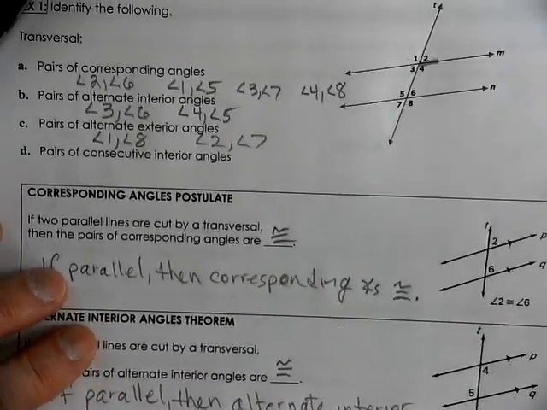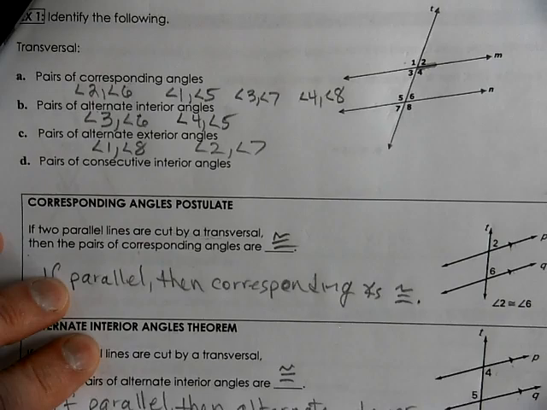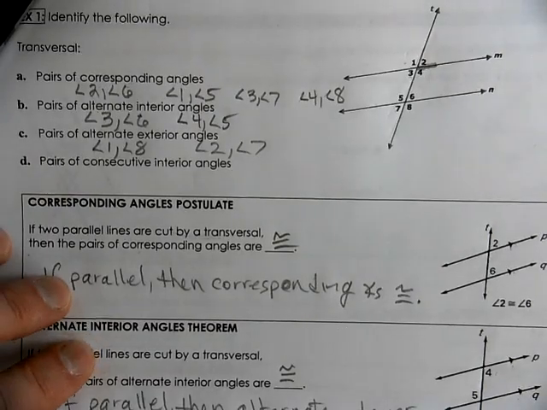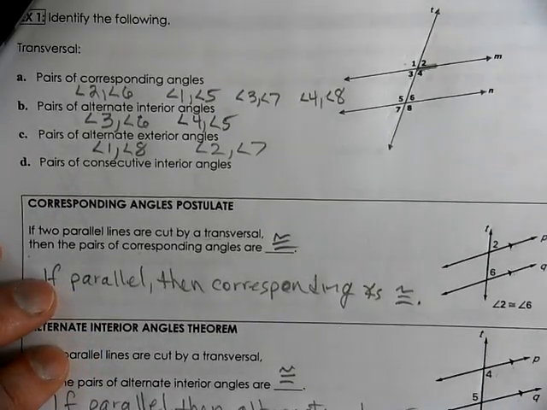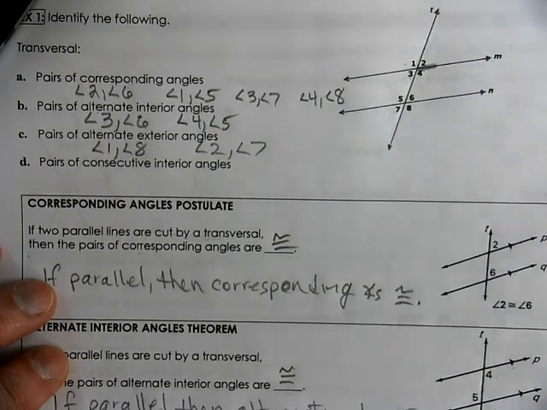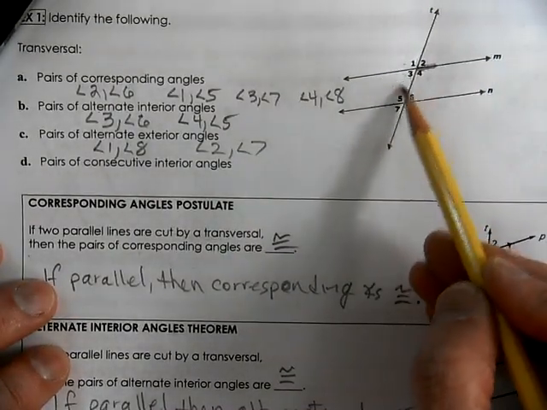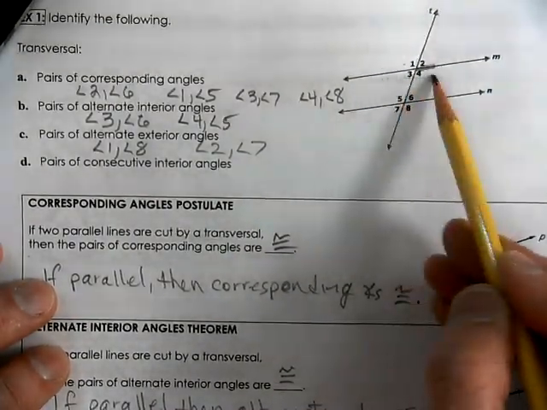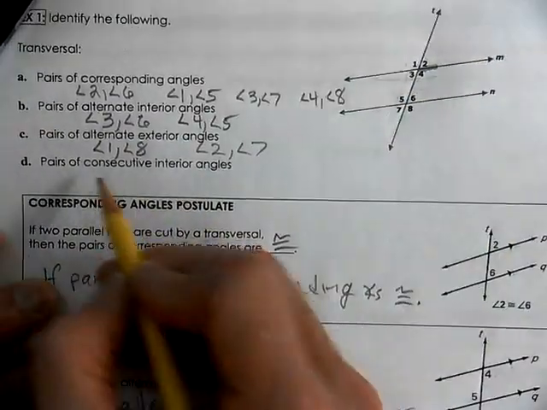And then our last one. Sometimes this is the trickiest one. What do you see here? Which angles would be considered consecutive interior? 3 and 5, they're on the same side, they're both interior.